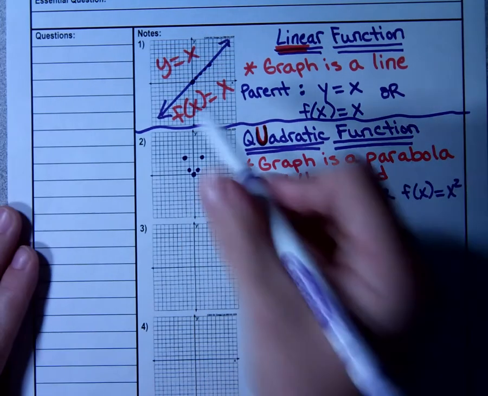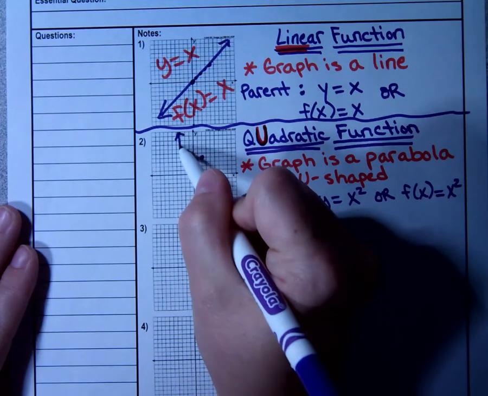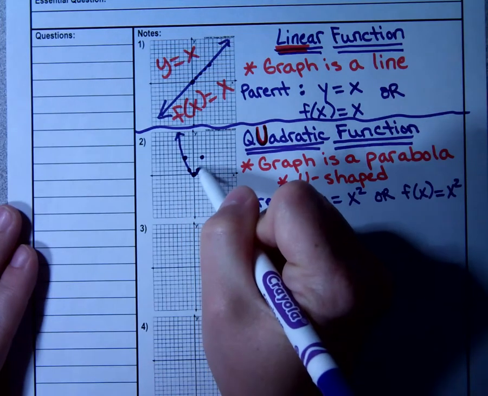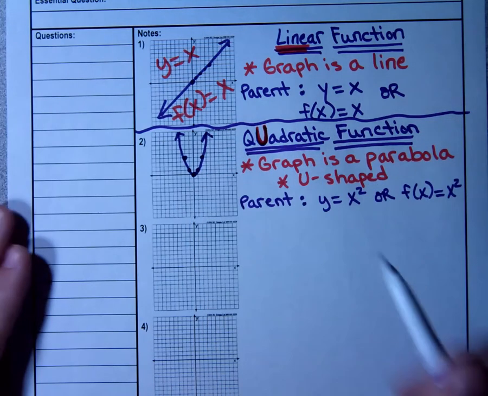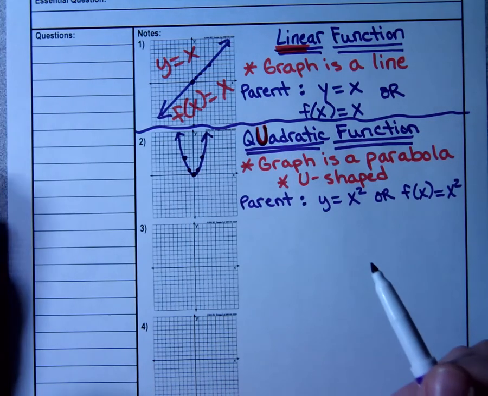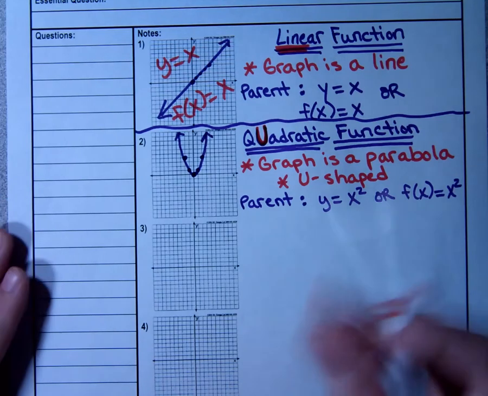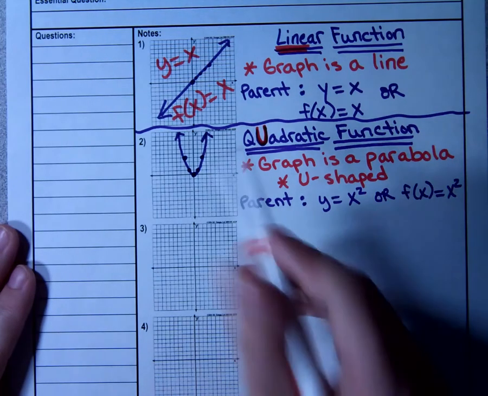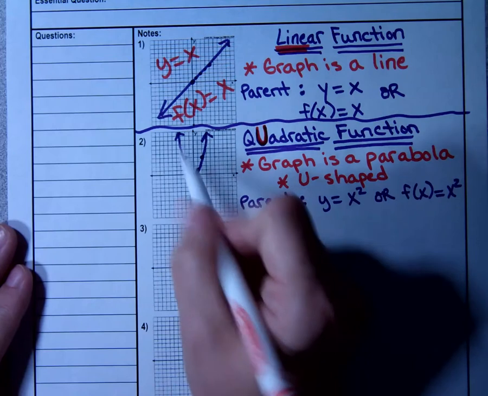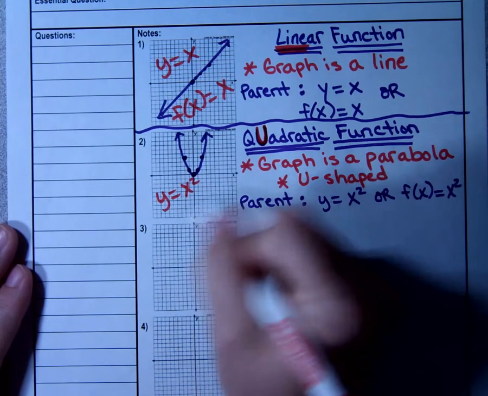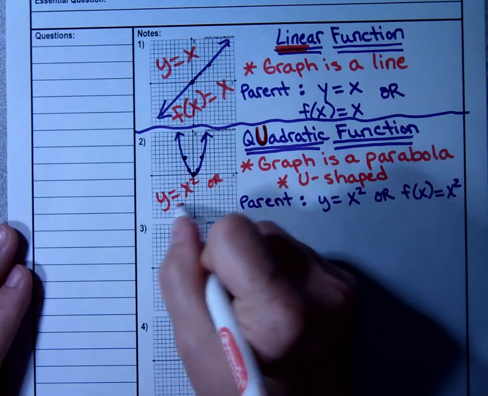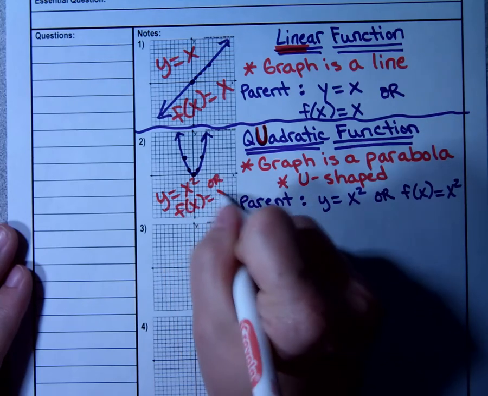And like I said, I'll explain this later in the year. And then I try to connect it with a nice smooth curve because I want it to look like a U. Okay, this is our quadratic function, and it happens to be our quadratic parent. And so its equation is y equals x squared, or f of x equals x squared.